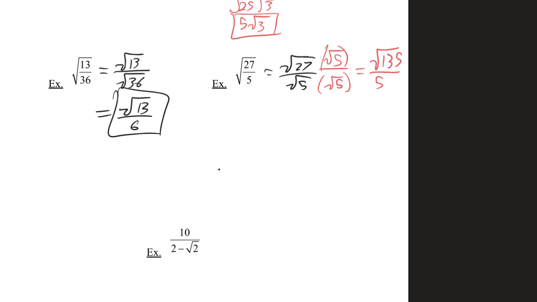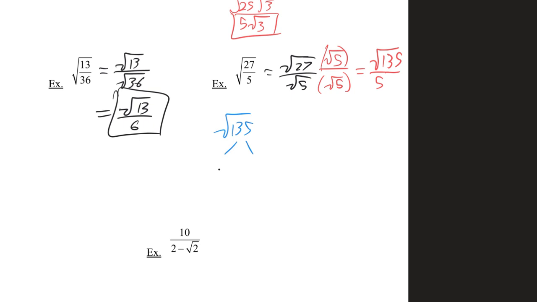Okay. And then if I can simplify the square root of 135, to do that work off to the side, is there a perfect square that goes into 135? You would start at 121 and work your way back.